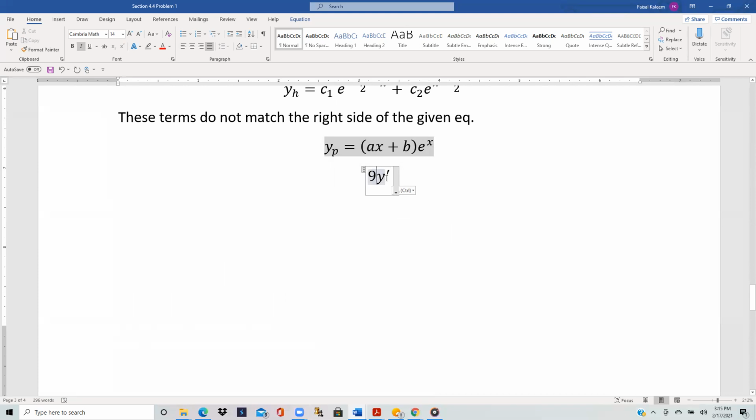Or maybe we can just do what we did in the previous problem.